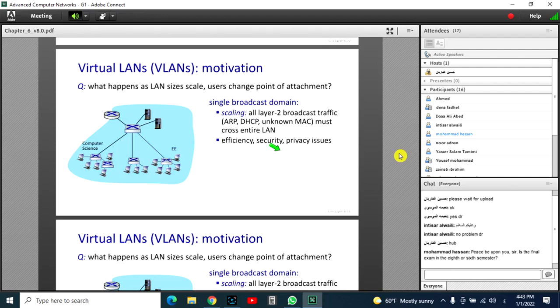But why? Why should I receive those data in another department? If I receive those data, for example, the financial information of the university would be broadcast over the computer department.